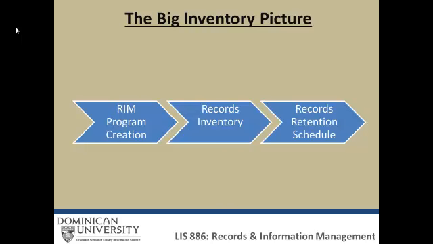In the professional arena, the records inventory will likely occur after an edict is given to create and manage a RIM program, or if you're coming into an existing program, after you get your feet under you and understand the way the organization works. The inventory is truly the first step in getting the program off the ground and directly feeds the next process, which is the creation of a records retention schedule.